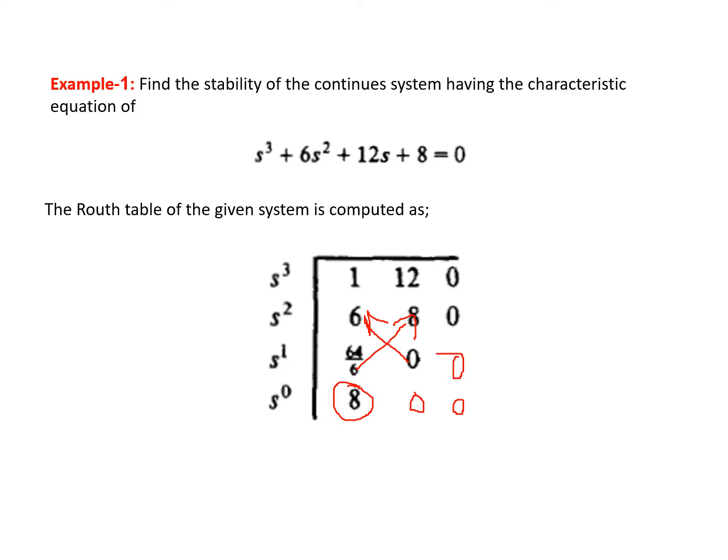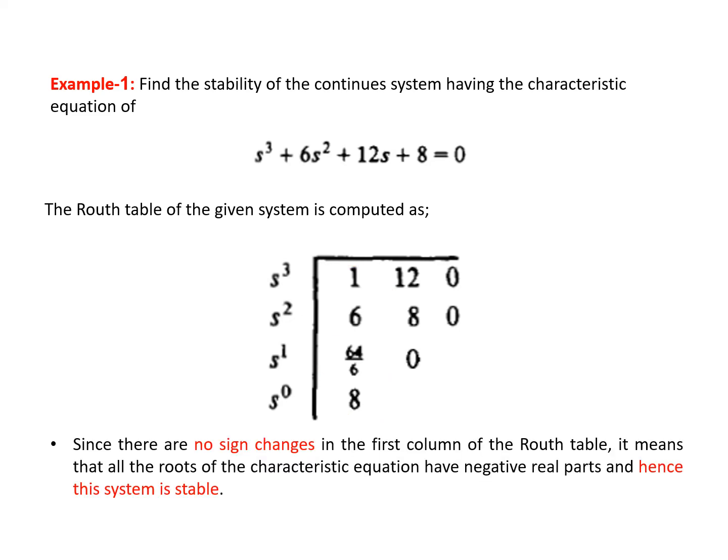Okay, now using this, you're supposed to check the stability of the system. Here, as you can see, if you refer to your first column, none of the elements are 0 and there are no sign changes. If this is the case, then the system is said to be stable. So you don't have a replacement here, you can directly consider this. So no 0 in the first column.